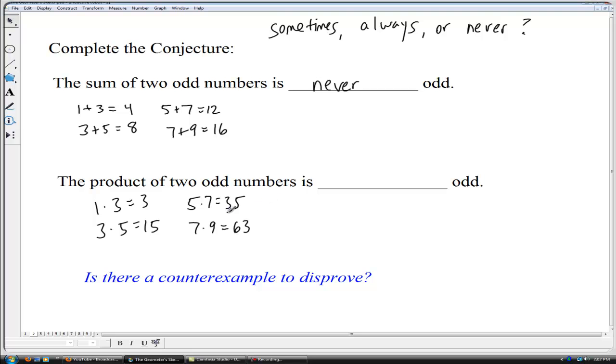So far, every product of two odds is giving me another odd. 11 times 3, 33. So my conjecture is the product of two odd numbers is always odd. And I'm going to tend to believe that this is true until I find a counterexample.